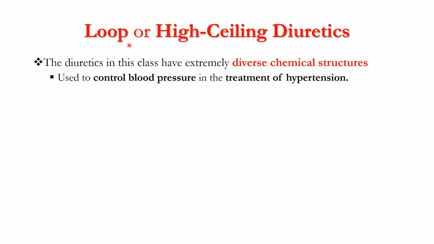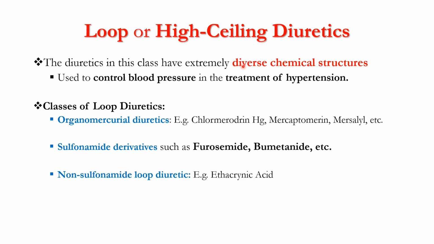Let's start with loop or high-ceiling diuretics. The diuretics in this class have extremely diverse chemical structures, and they are used to control blood pressure, so they can be used in the treatment of hypertension. Given these diverse chemical structures, the loop diuretics have different classes based on their chemical structure.